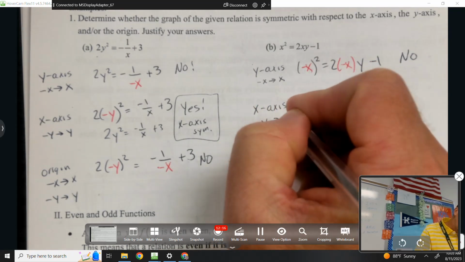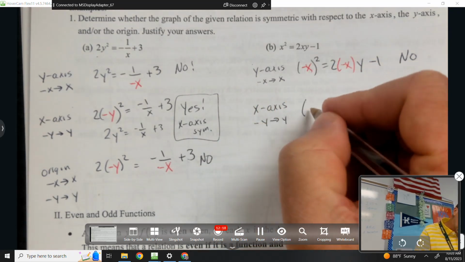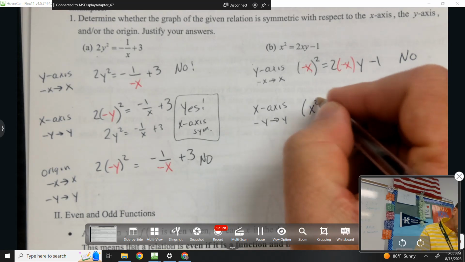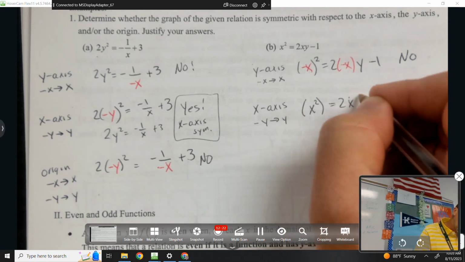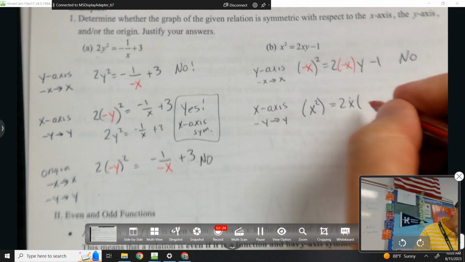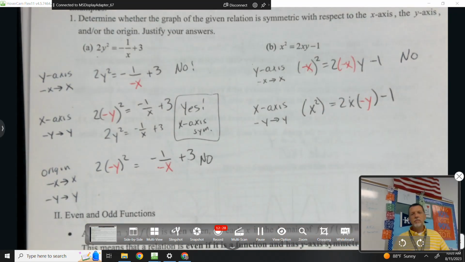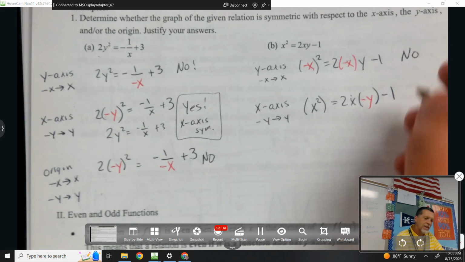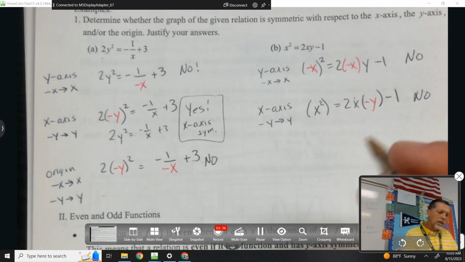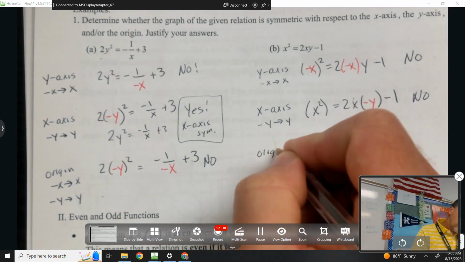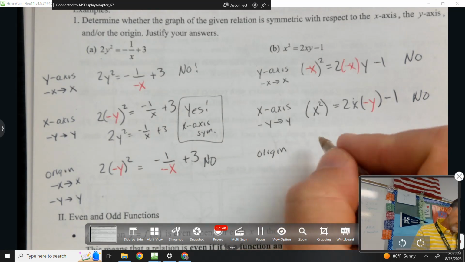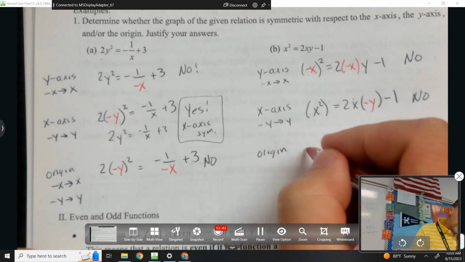X-axis, negative y in for y. Leave my x alone. And then put negative y in for y. That's an easy one, I think. What do we think on that one? That's a no. That's not the same thing. The origin, we're going to make both swaps.